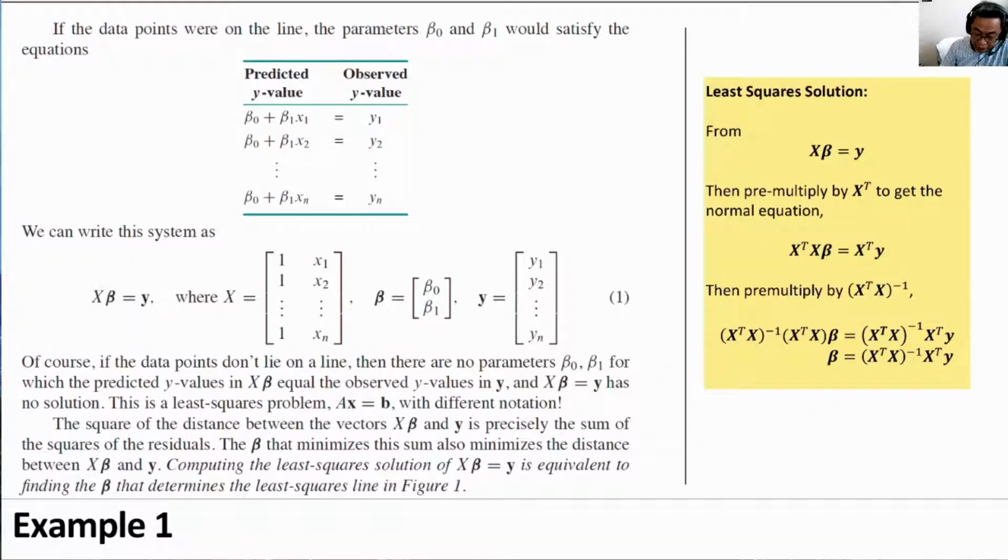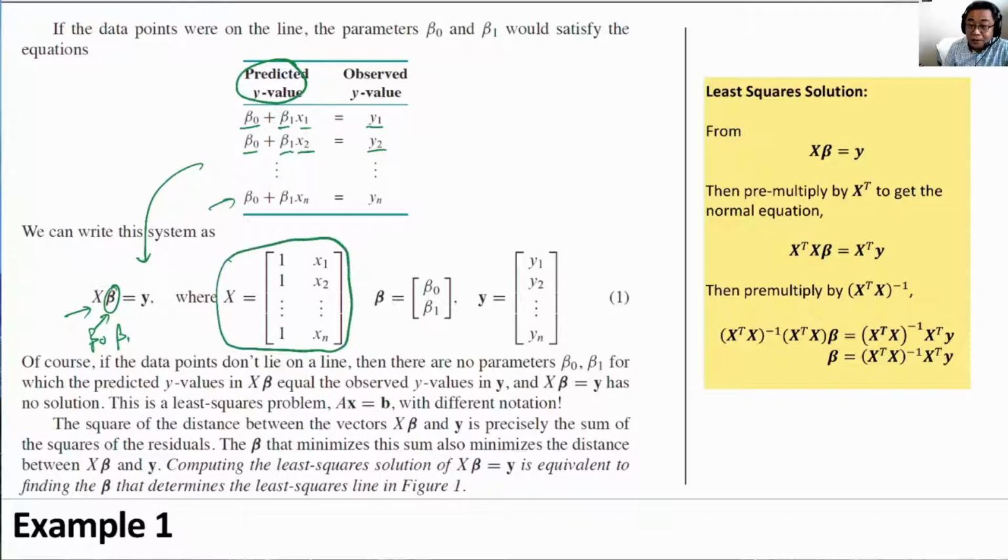When we set up the equation like this, you can think of the predicted values of y as beta 0 plus beta 1 times x1 for y1, beta 0 plus beta 1 times x2 for y2, and so on. This is how we set up the table containing the information of our line to our observed values. In matrix form, we can write it this way, where beta consists of beta 0 and beta 1, and x is this matrix.